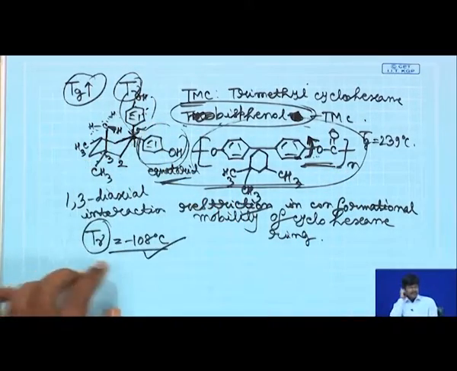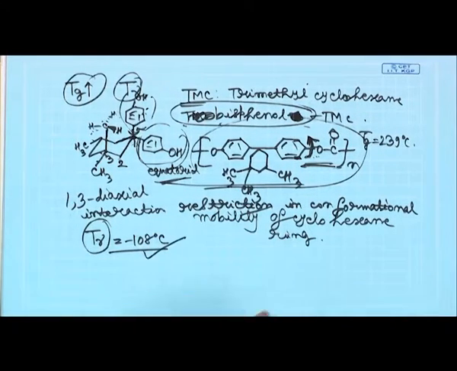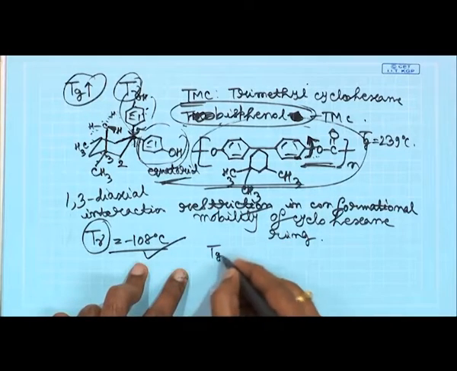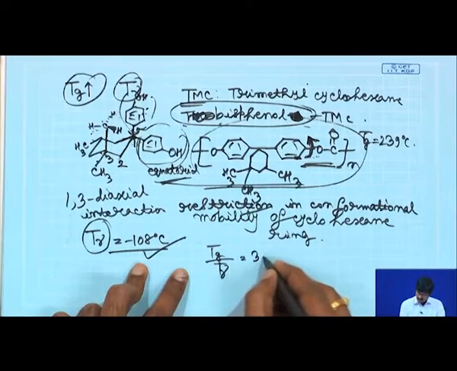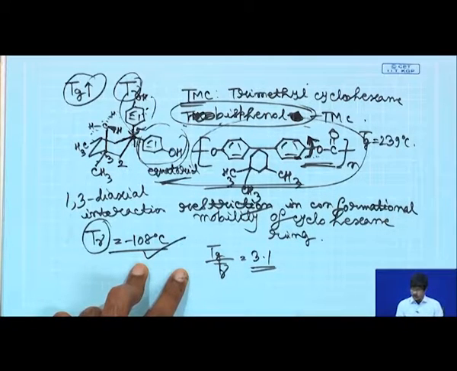So, ultimately you have a high Tg to T gamma ratio. In fact, for this material the Tg to T gamma ratio is 3.1, quite high. So, you have both high thermal stability as well as high impact strength of the material.